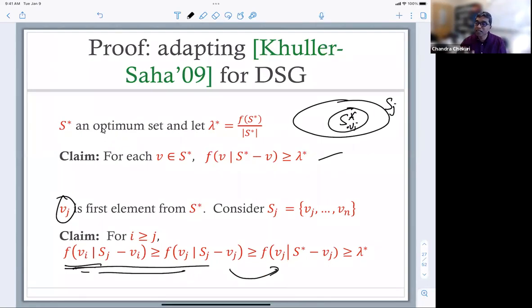The marginal value of Vj to S star can only be smaller than the marginal value of Vj to Sj, because S star is still inside Sj, because of supermodularity. So this is supermodularity, and this is simply from the fact that Vj was the smallest marginal value I peeled, because of the algorithm. And this is from the previous observation that the marginal value of Vj to S star should be at least lambda star. That's just because that's the optimum set.